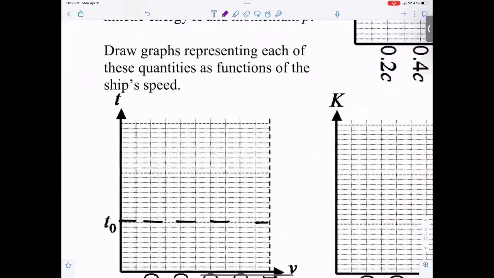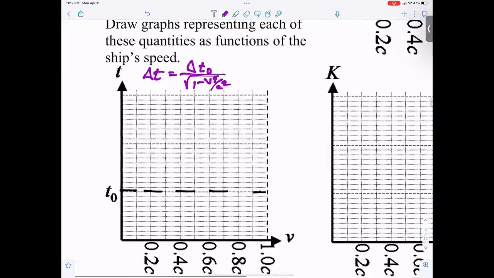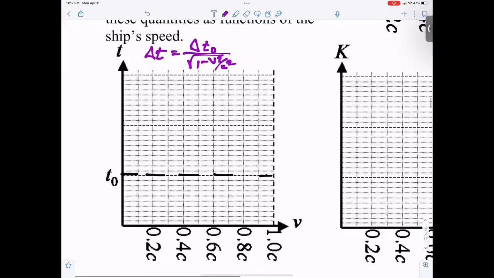Time dilation is pretty much the same thing. We start with our proper time of t naught, but then as we get closer and closer to the speed of light, the time extends infinitely long.